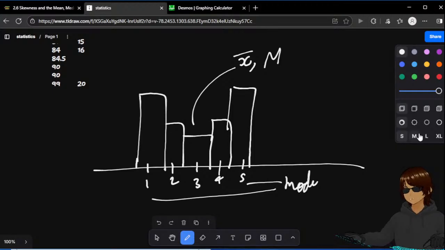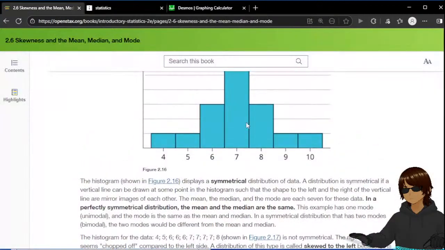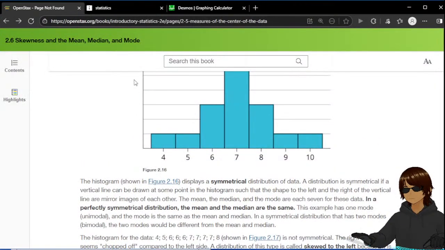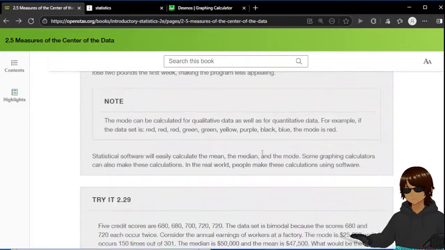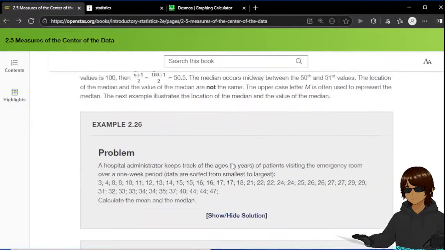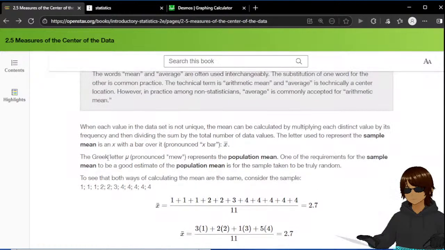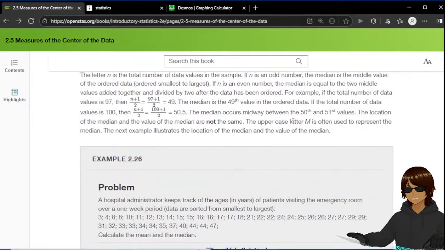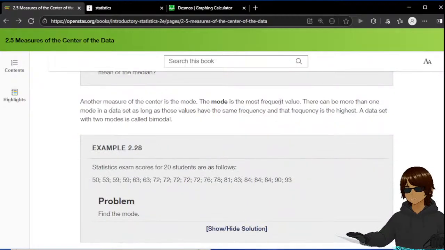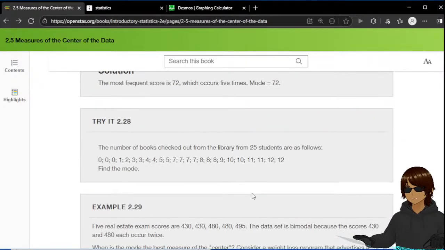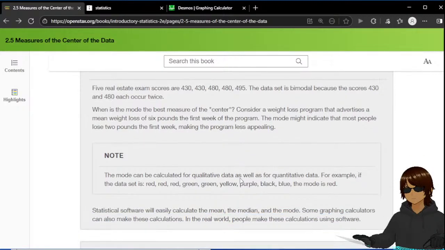What's the symbol they use for mode? Let me see. So X bar for sample mean, mu for population mean, M for median, and these are symbols for mode.